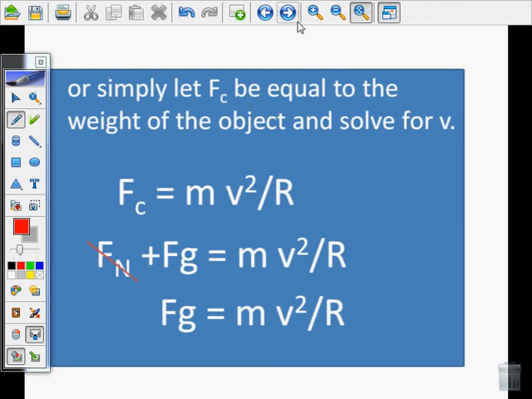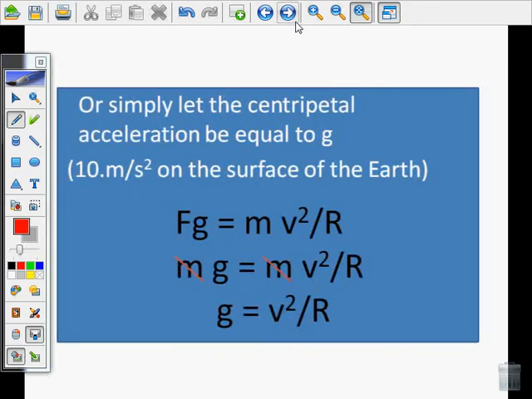Isn't that really just making it zero? Exactly. Or another way of thinking about it, if the weight force is equal to m times g, then if you want to solve for how slow you can go, essentially the centripetal acceleration at that top point of the circle has to be equal to the acceleration due to gravity, g.